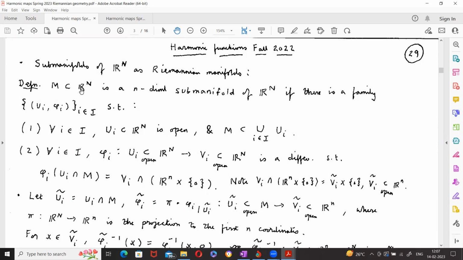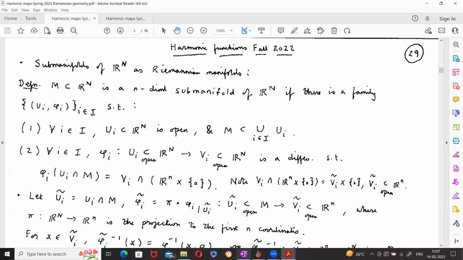It's a subset M of Rn such that you have a family of open sets Ui in Rn which cover M, and for each i, a diffeomorphism phi i from the open subset Ui in Rn to another open subset Vi in Rn, such that phi i of Ui intersect M is Vi intersect R little n cross 0.